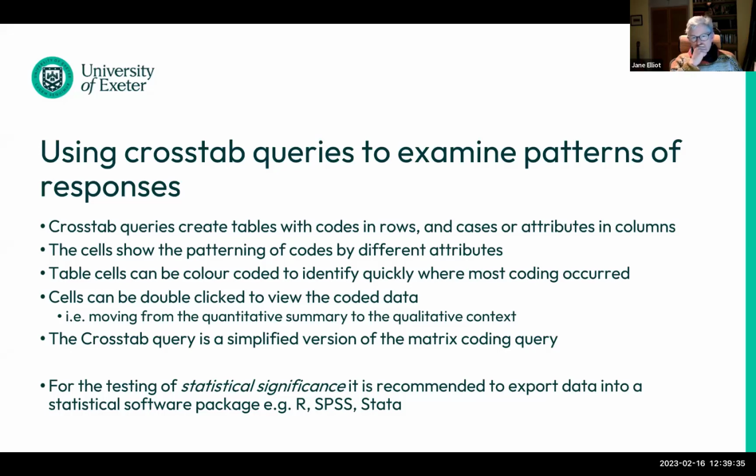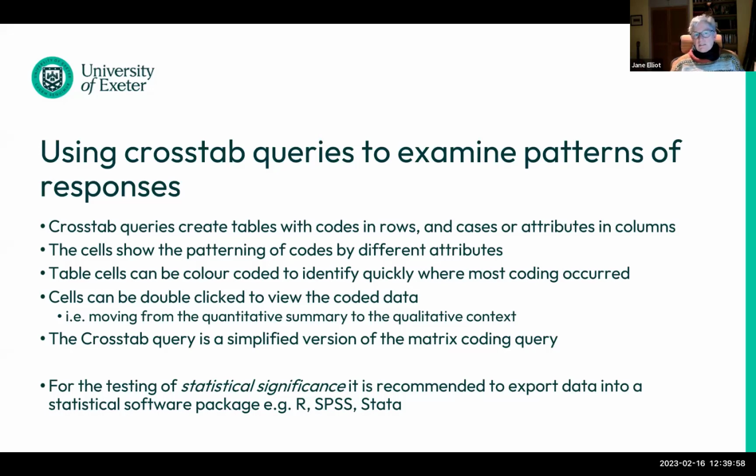In this case, in NVivo, your codes are usually in your rows, and you can have multiple codes in a cross-tab table. You can look at lots of codes at the same time. And then your attributes are going to be in your columns. And the cells of the table show the patterning of those codes by different attributes.